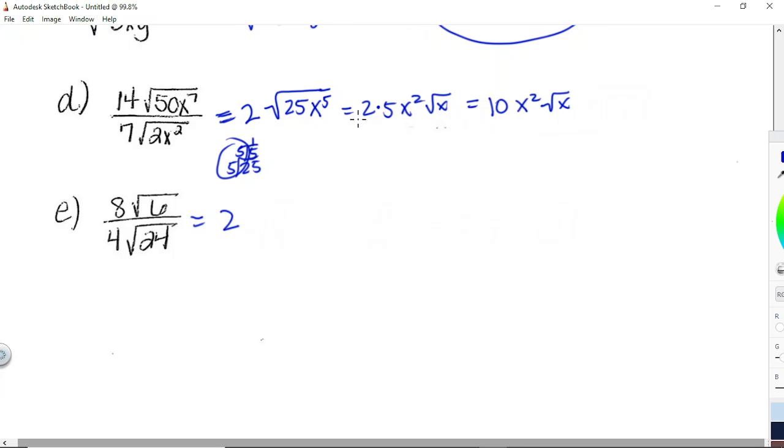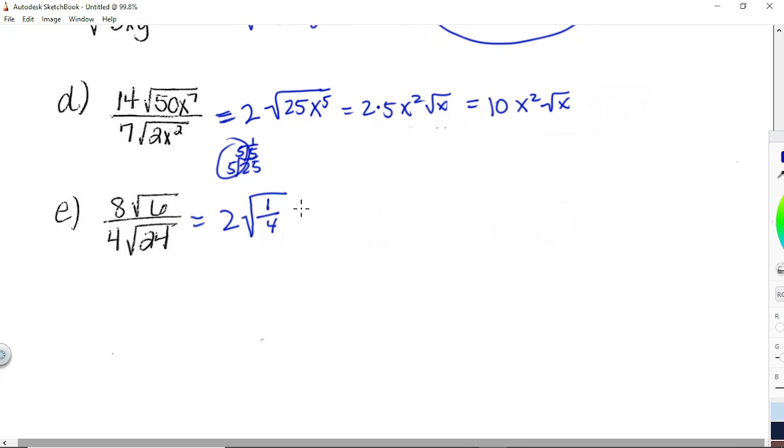We just put that 25 in the radical. But this time we get a fraction. So to make the most sense of it, I think to make it easier, we need to go ahead and write that inside the radical as 1 over 4 inside. Okay? So we have 6 over 24, and that's 1 over 4. And we write it inside the radical.